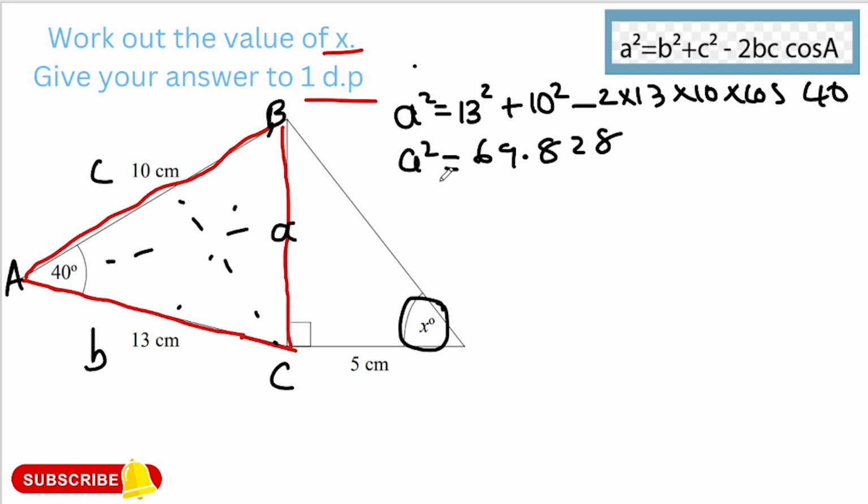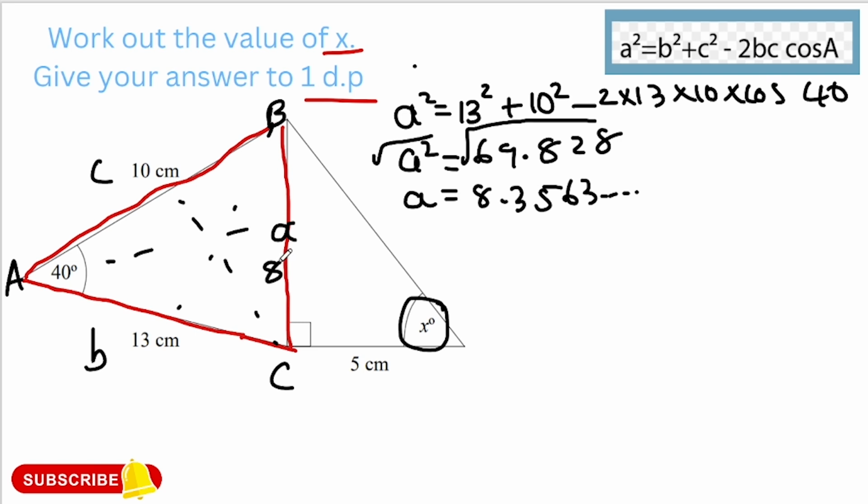Now, I'm not interested in a squared, so I need to square root both sides. And if I square root both sides, I would get 8.3563... So I'm not going to write all the numbers. Keep your answer as answer on your calculator because you will need it for this stage.